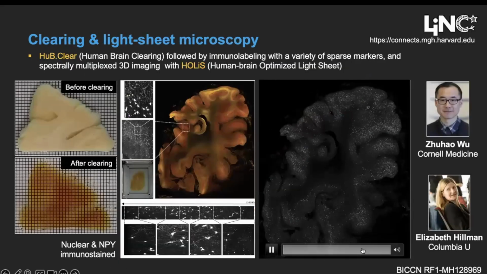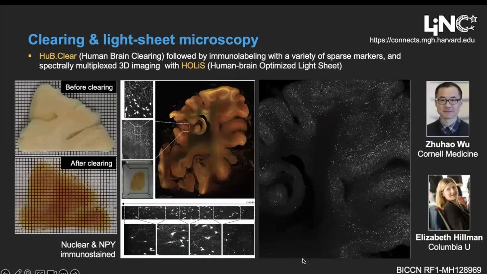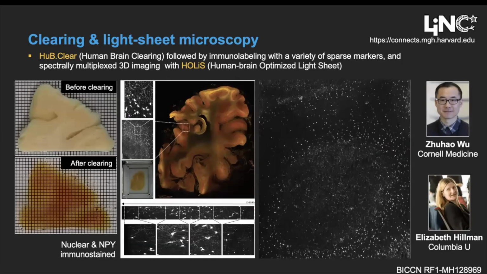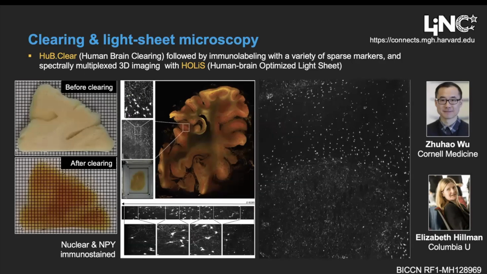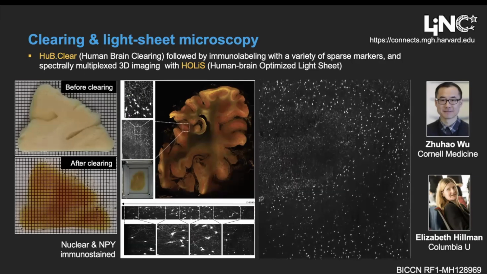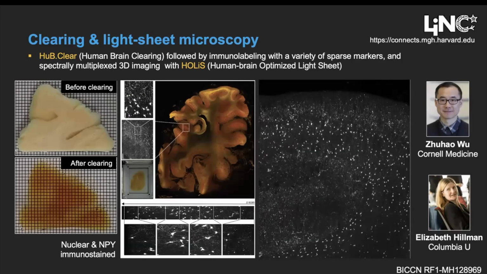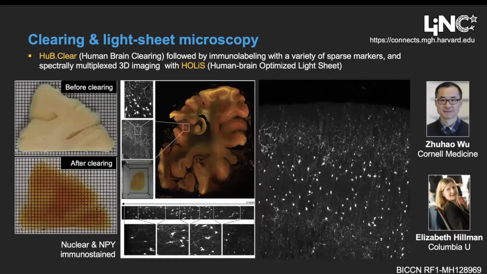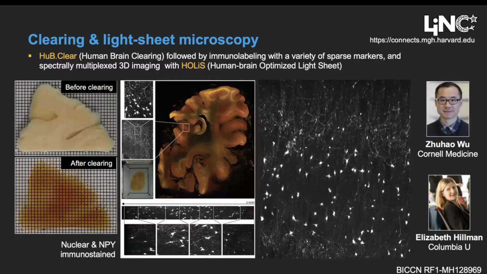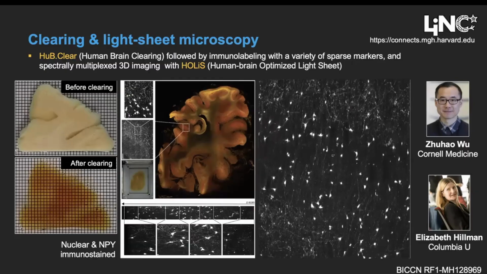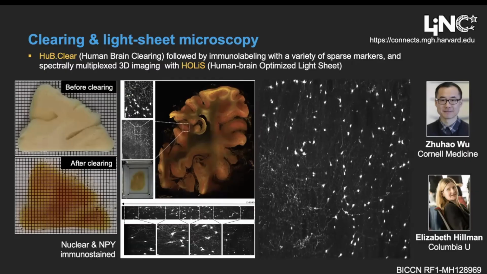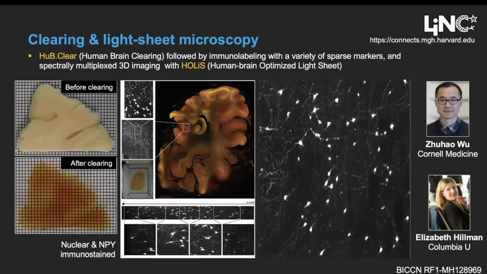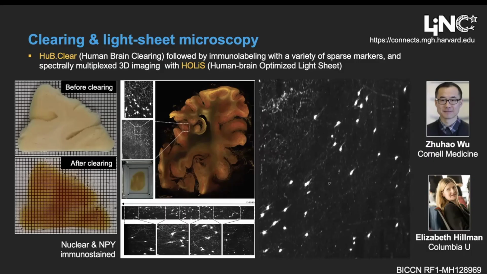And this is just an example showing that this is based on work that Zhuhao and Elizabeth were doing before this project as part of their BICCN cell census network project that involved developing tools for human brain clearing, as well as ultra-fast spectrally multiplexed 3D imaging to allow imaging with light sheet microscopy of multiple stains at the same time.